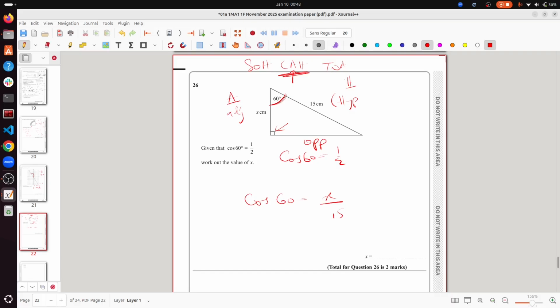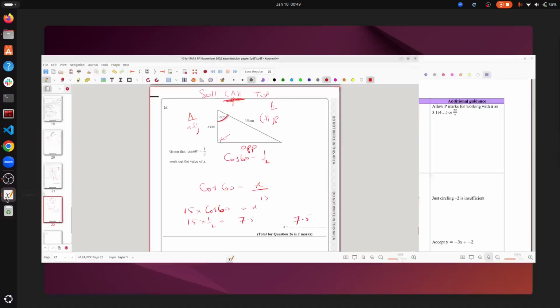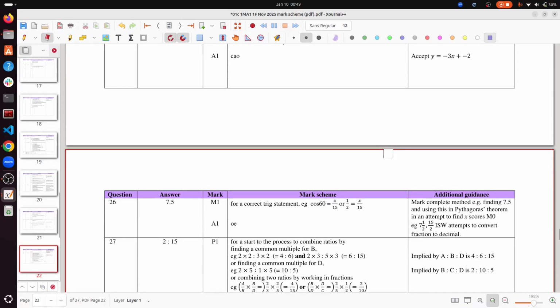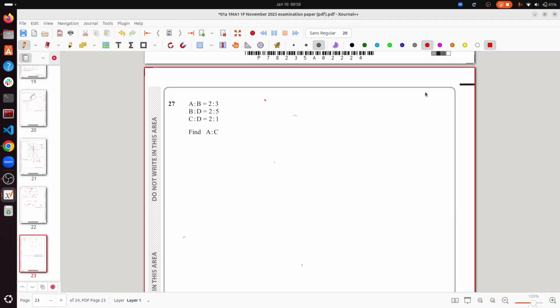We clear fractions. So x is equal to 15 times cos 60. But we're told that cos 60 is a half, so 15 times a half, which is 7.5. And that is our answer there. Looking at the mark scheme, we have 7.5 there.